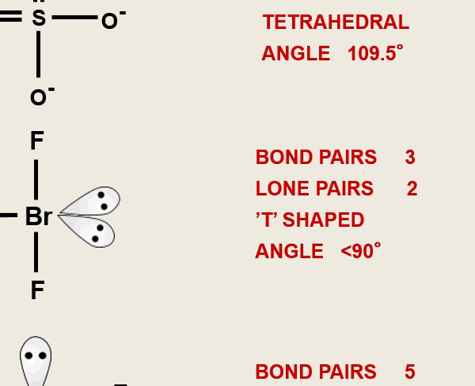SO4 2-. The structure that you would expect is tetrahedral, and the bond angles will be 109.5 degrees. Bromine trifluoride. 3 bond pairs, 2 lone pairs, it's T-shaped. Now this is a very special case that you will not see at A level. Bromine pentafluoride, another exotic one.